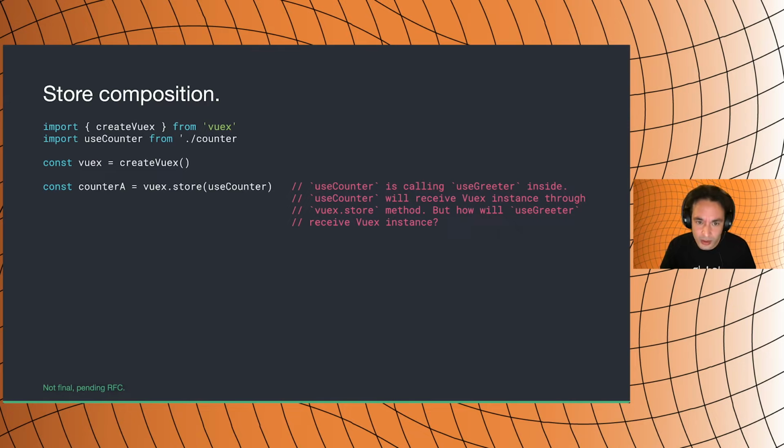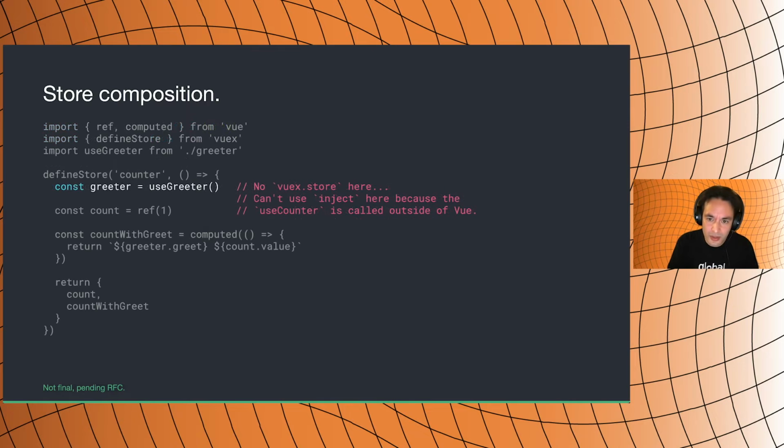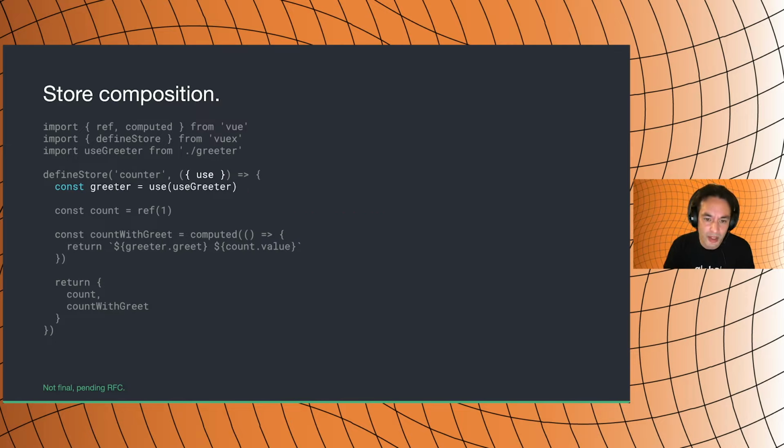But for the useGreeter function, there's no vuex.store method here. And it is being called outside of the setup hook. So we can't use the inject method to retrieve the Vuex instance. Now we have a problem.